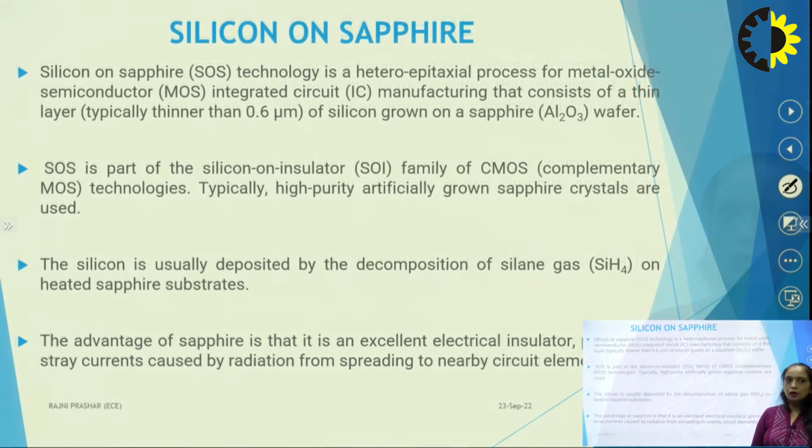So the silicon on sapphire technology is a heteroepitaxial process, right? The epitaxial process we have studied: in the case of a heteroepitaxial process, when we need to grow one compound over another orientation, it is known as heteroepitaxy.